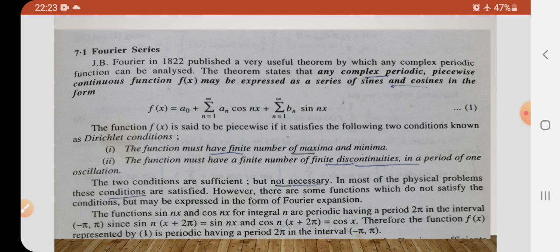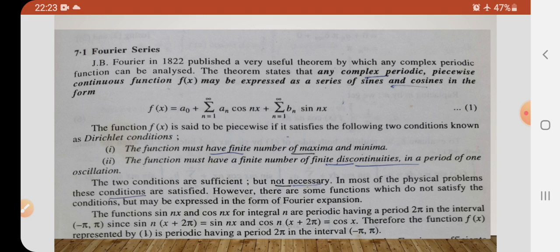Okay, the function f(x) is said to be piecewise if it satisfies two well-known conditions. What are the conditions? First, the function must have a finite number of maxima and minima. Second, the function must have a finite number of finite discontinuities in a period of one oscillation.